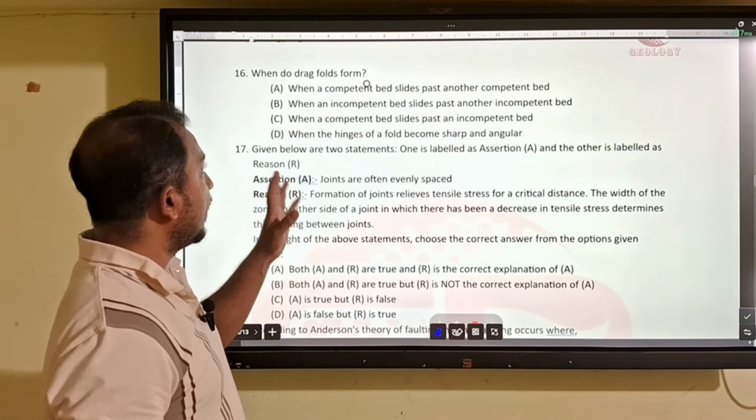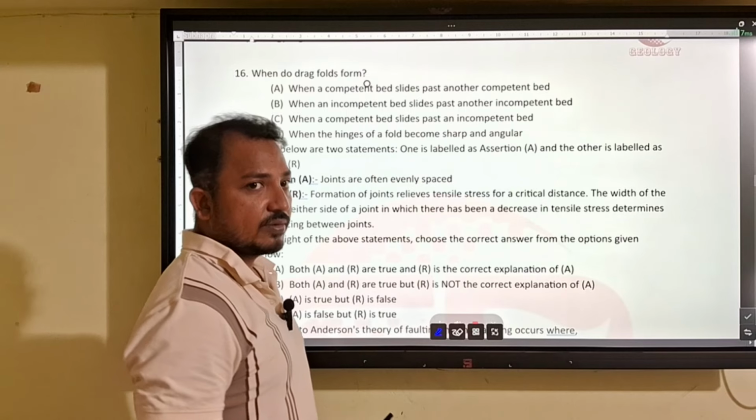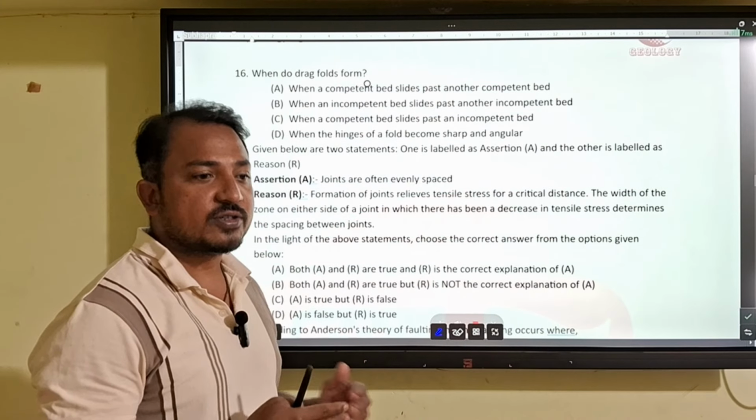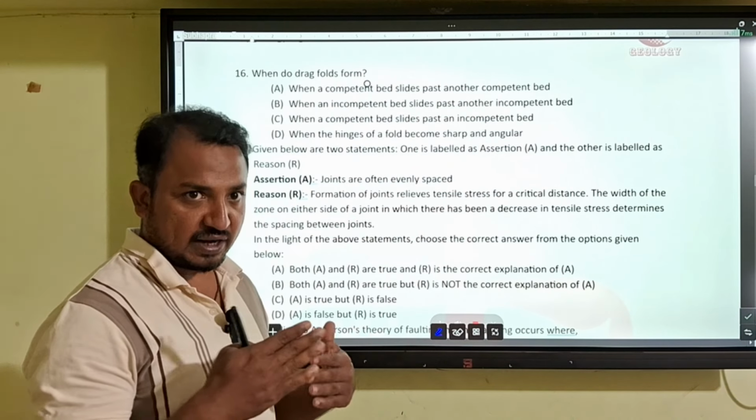So the next question: when do drag folds form? The keyword suggests it is produced by dragging, or you can say shearing.